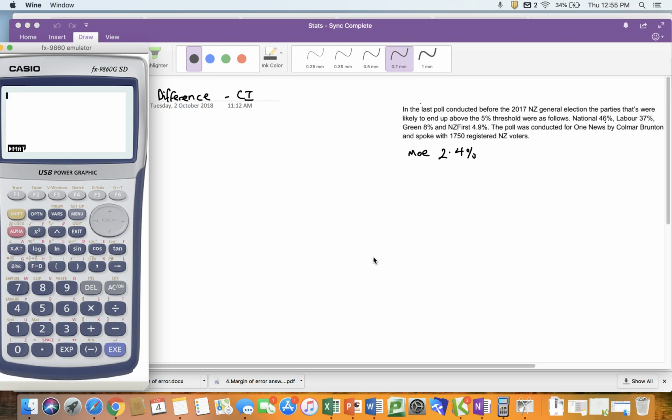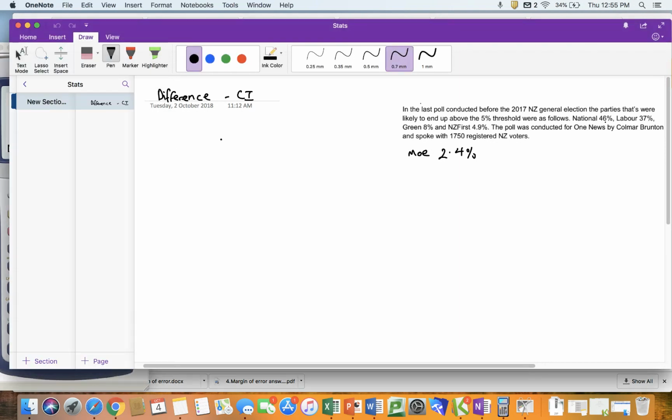Okay, so in this video, we're looking at the difference between two proportions within the same sample. So if I wanted to look, in my example of the last New Zealand general election, at the difference between National and Labour, I would first have to work out the actual difference in their proportions.